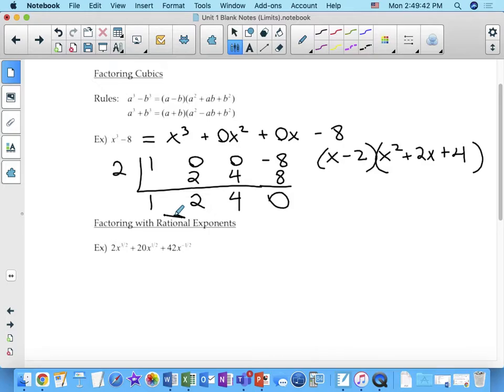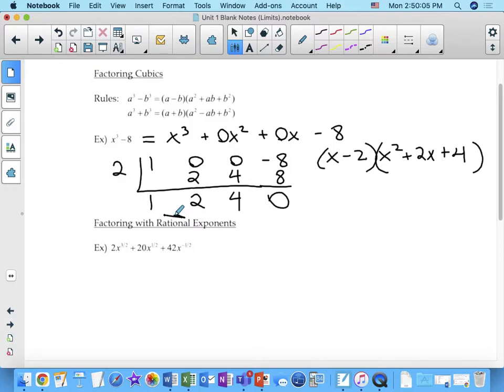Now, what you might find throughout this course is that this type of polynomial, either a cubed minus b cubed or a cubed plus b cubed, comes up a lot. So you may have to start out doing some synthetic division after a while, or at the beginning.